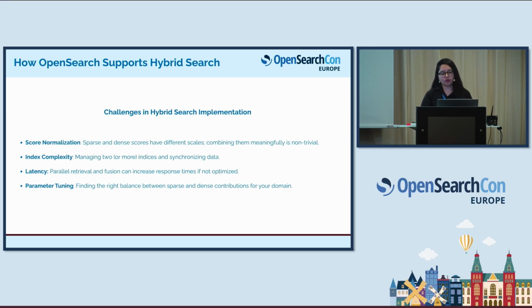You can also opt for one approach as well. But mostly, I think dense vectors are more appropriate if you mostly care about latency. Next is parameter tuning, finding the right balance between sparse and dense contributions for your domain.